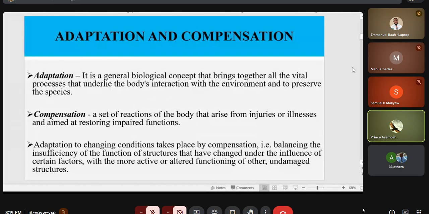Now, for compensation, the injury to the cell must have come, and the cell is trying to prevent further injury, irreversible injury or death. That one becomes cellular compensation.